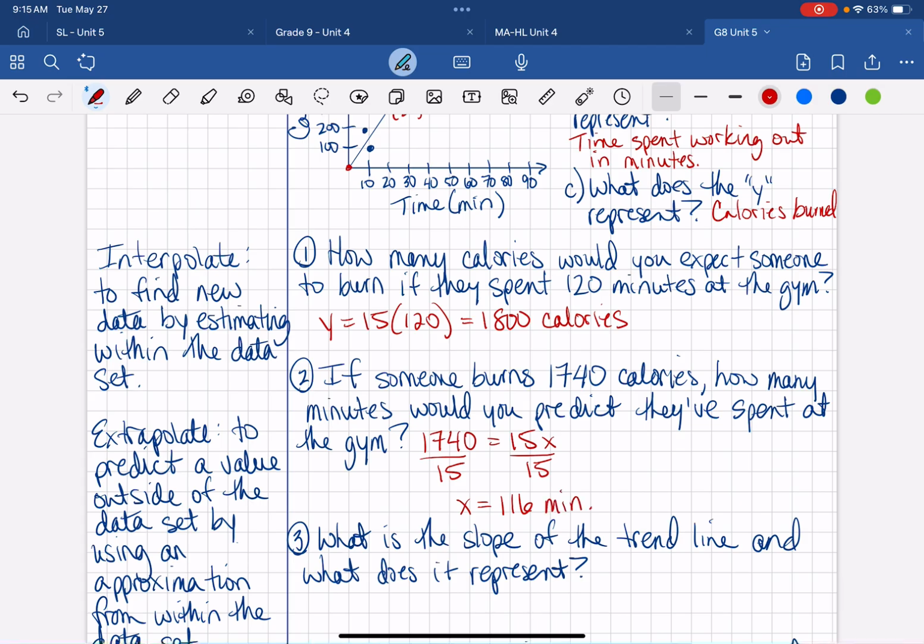Now, before we go on to questions 3 and 4, I want to talk about these. There are some extenuating circumstances in predicting these values, and what you want to think about is the situation. Is it possible for someone to work out for 120 minutes? Yes, it is definitely possible for someone to work out for 2 hours.